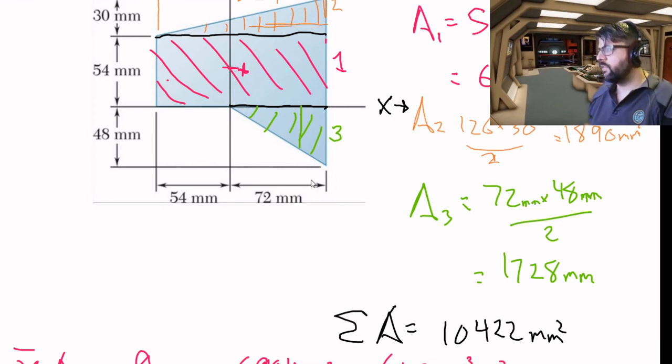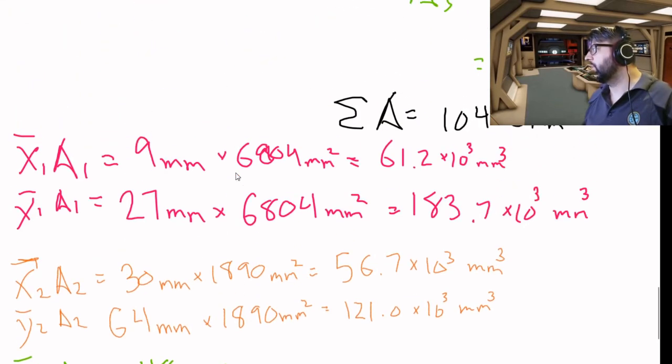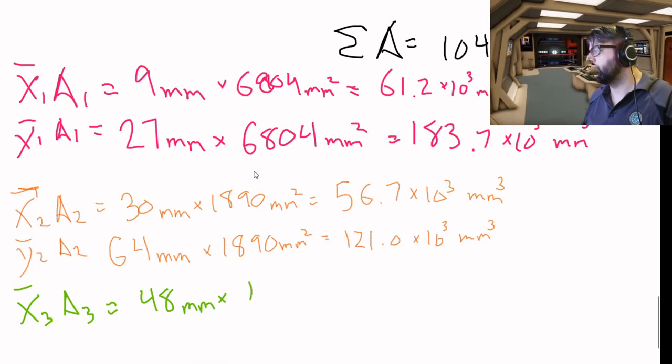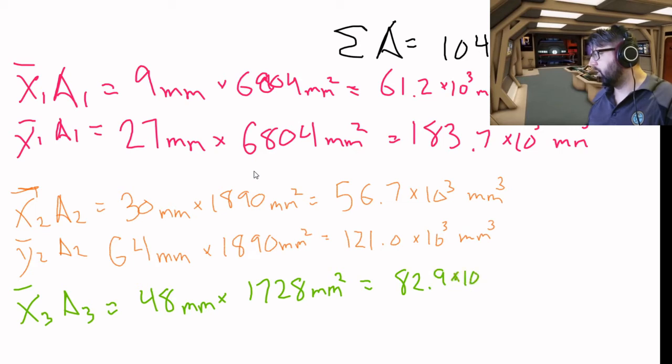So 72 times 2/3 is 48. So 48 millimeters times, what do we got for size here? 1728 millimeters squared. And that's giving us 82.9 times 10 to the 3 millimeters cubed.